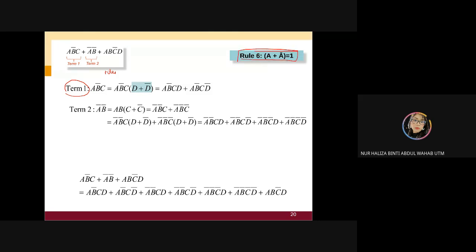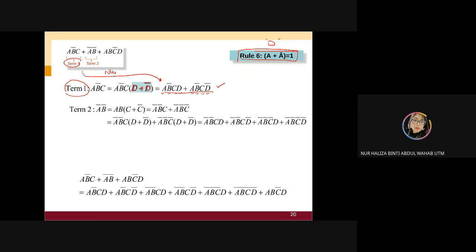You're going to add D because you're still lacking the D. That's why you do D plus D bar. And for term 1, you're going to get this for the standard form. So you have A, B bar, C, D and A, B bar, C, D bar. Then you finish with your term 1.